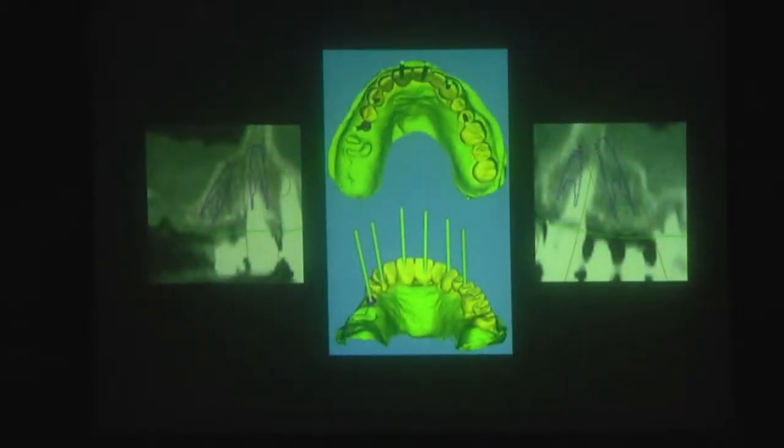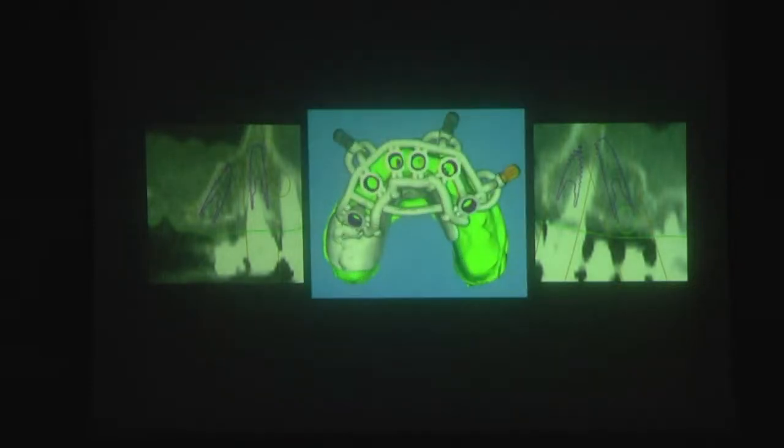Then we created the model as if we had made the extractions in the mouth, but we didn't. We did it artificially, but gently. Then we planned the implant placement and locations, designed the guide, and finalized it.